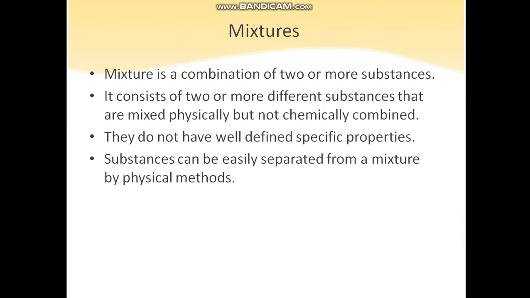In this way, they do not have well-defined specific properties. That means they don't have any such property by which they can be differentiated. Also, these substances can easily be separated from the mixture by using various methods.